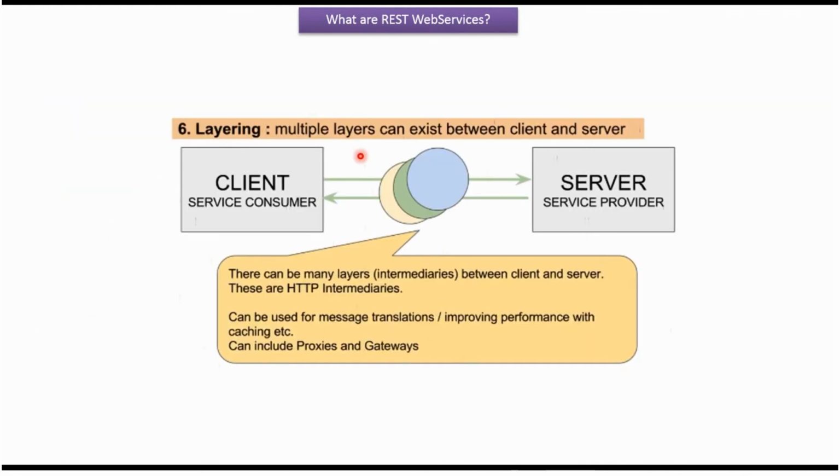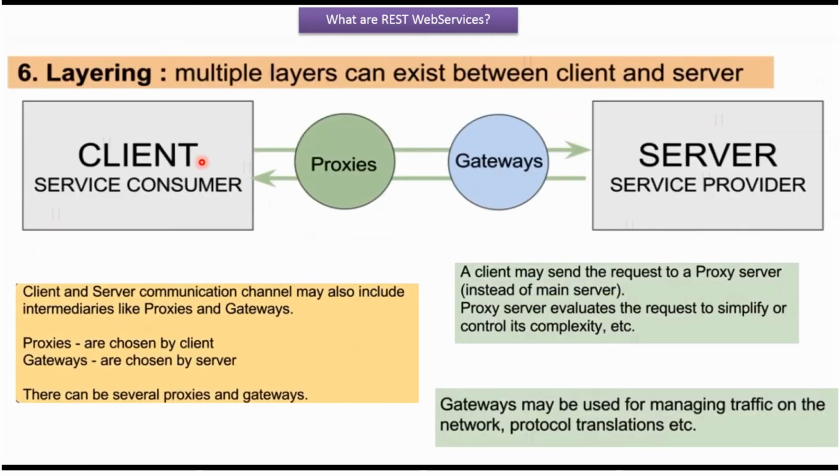Here you can see the client, here you can see the server. In between, multiple layers can exist. And these layers can be used for message translations or improving performance with caching, etc. Examples of layers are proxies and gateways. The first one is proxies, and the second one is gateways.